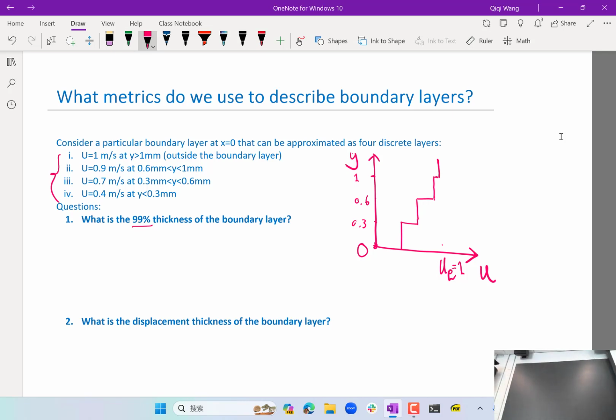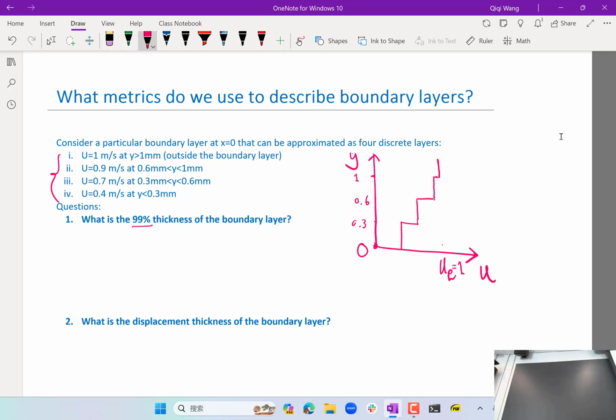So the first question is, given that profile, what is the 99% thickness of the boundary layer? Just to remind you, the 99% thickness is the distance away from the wall such that beyond that distance, the velocity is less than 1% different from the edge velocity. It's 1 millimeter, correct?